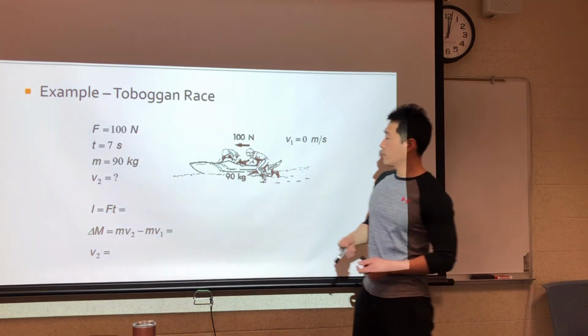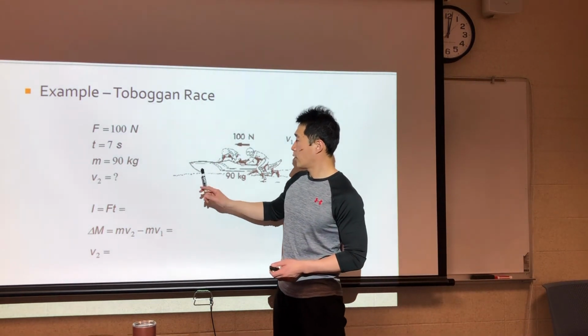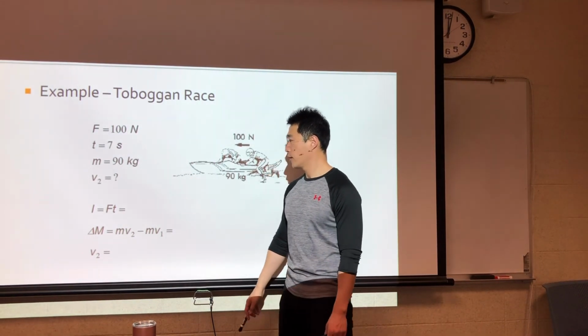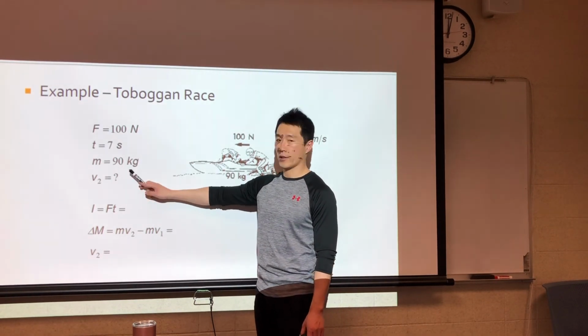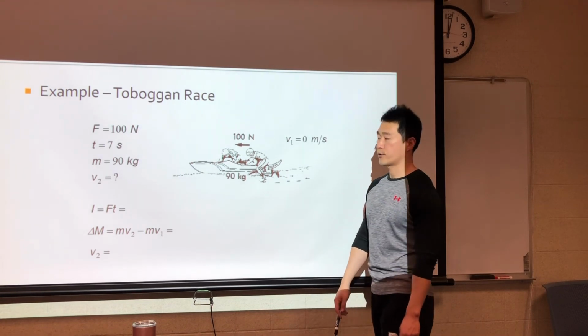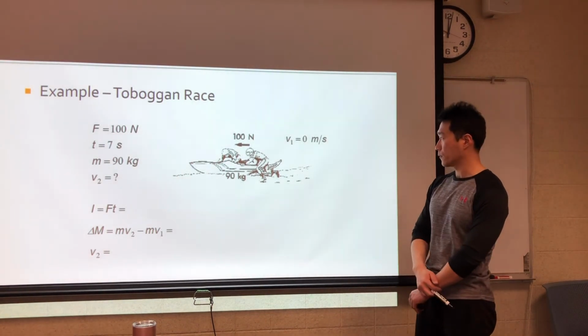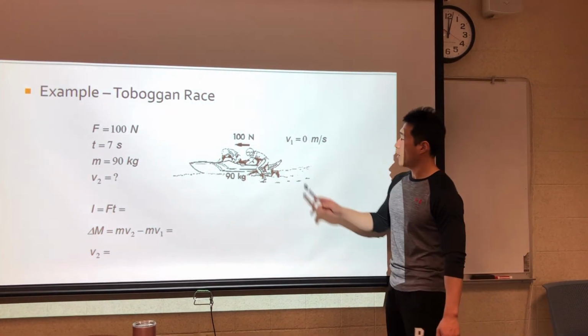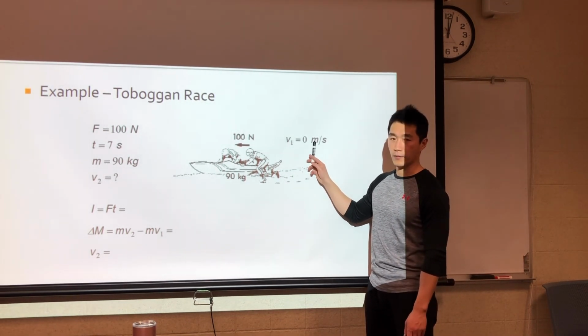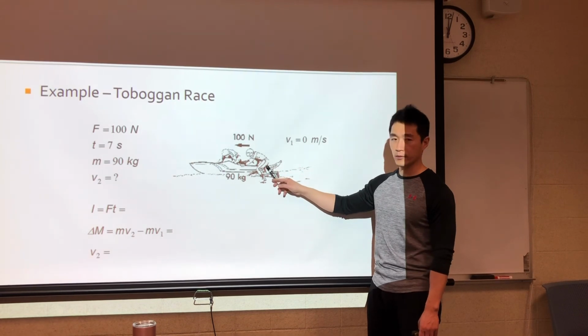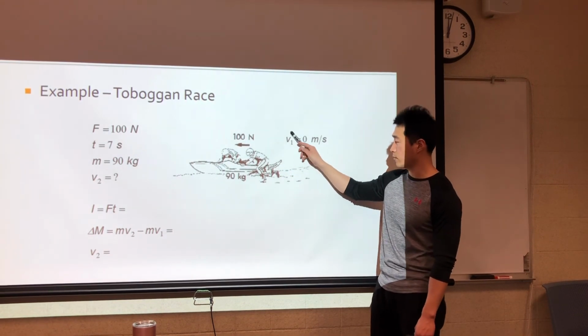And the mass of this toboggan is 90 kilograms. And how much final velocity is there when they actually jump into the toboggan? We have one more piece of information here. Initial velocity must be 0 meters per second because it was stopped initially, right? That's why initial velocity must be 0.